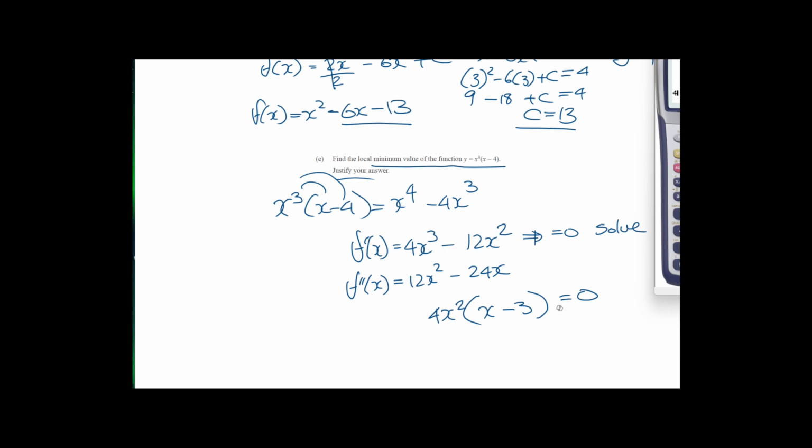So 4x cubed, 0x, whoops, minus 12x squared, 0x, 0 constants.